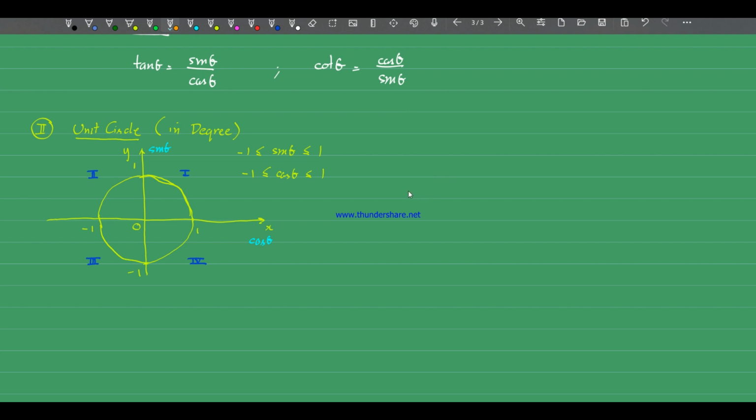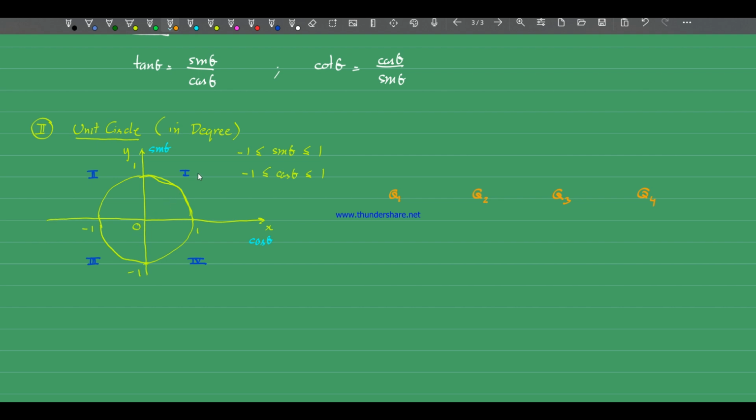Okay. So we have quadrant 1, quadrant 2, quadrant 3, quadrant 4. Now if the angle is in quadrant 1, think about it. Let's say I draw the angle.